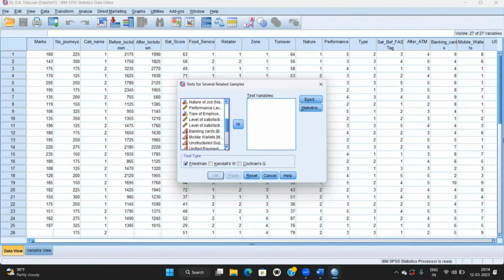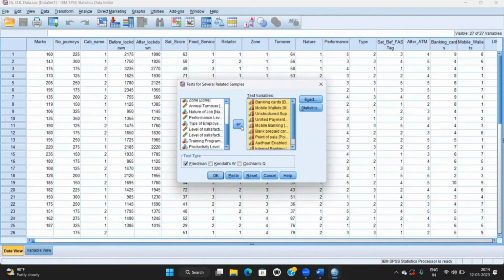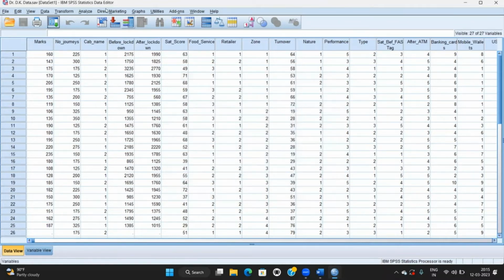You select all the 10 items: banking cards, mobile wallets, micro ATMs. Either you can select all and use the right arrow, or you can drag or select them one by one. See, Friedman test is selected by default. Click OK.